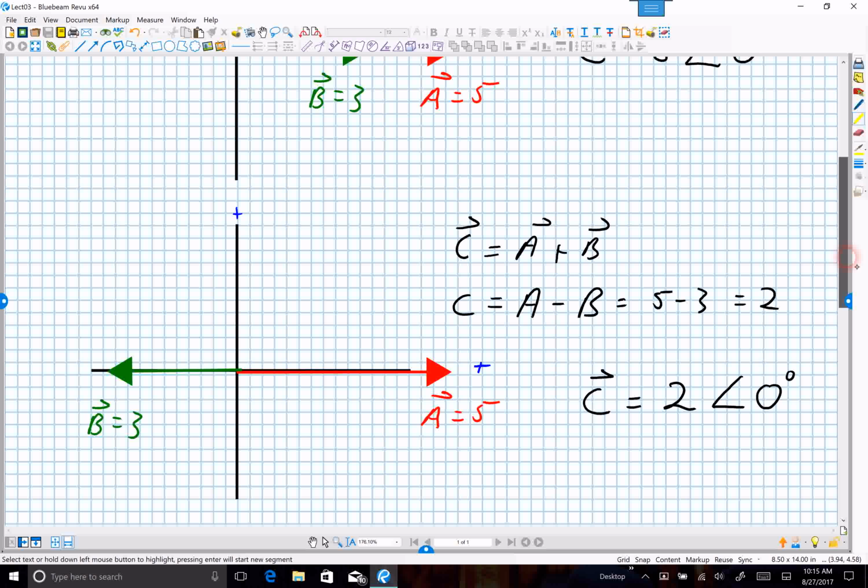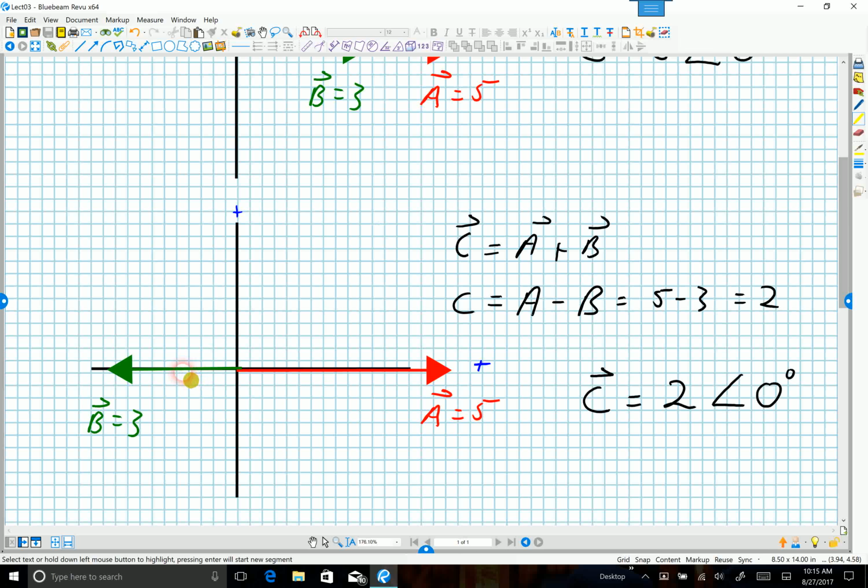Here's another example we looked at briefly in class. If b is pointing to the left, I have the same vector equation. I want to add a and b as vectors. This symbolism means take direction into account when you write the scalar equation. Here's the scalar equation. Now a is to the right, and therefore it's positive because that's my context, so it stays positive.